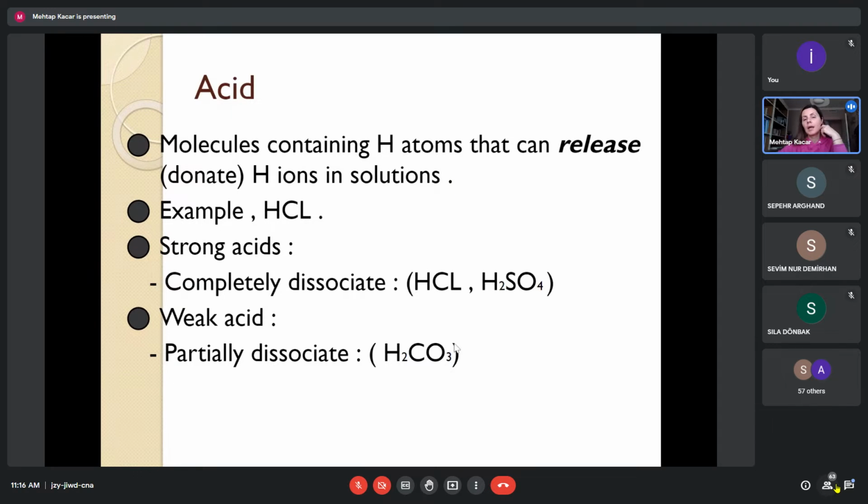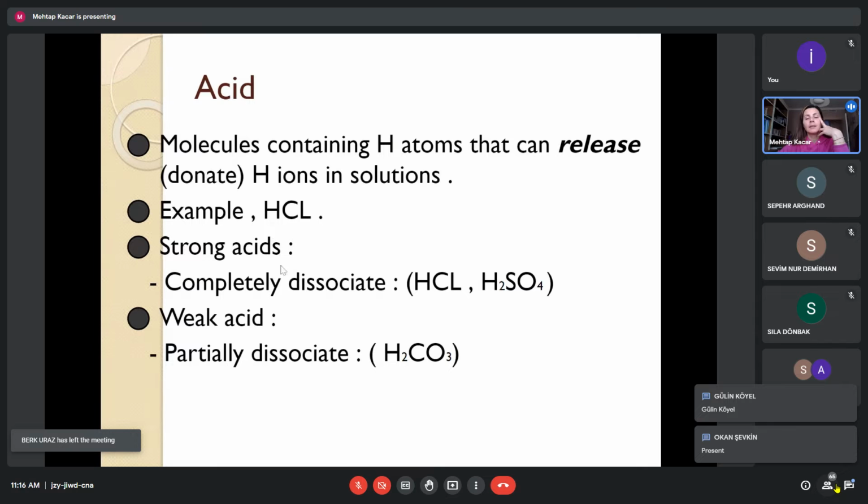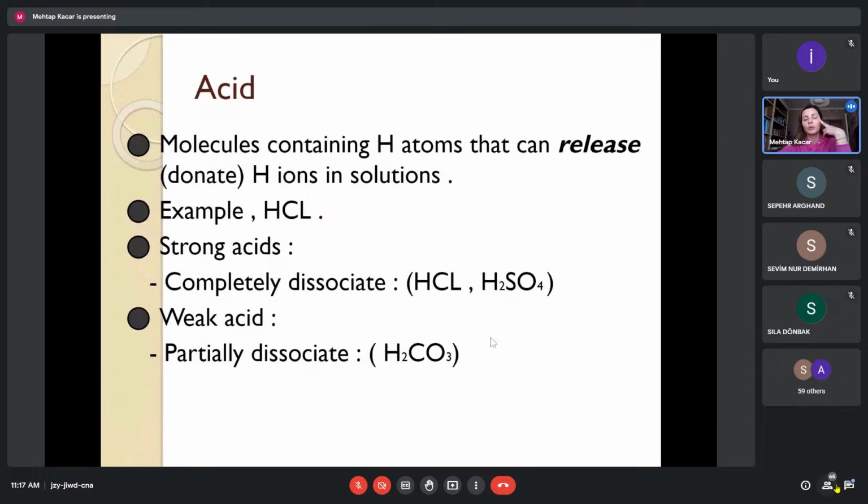Acids are molecules containing hydrogen atoms that can release or donate hydrogen ions in solutions. For example, hydrochloric acid is a very strong acid, and we produce hydrochloric acid in our stomach, as you know. Strong acids such as hydrochloric acid or sulfuric acid dissociate completely.